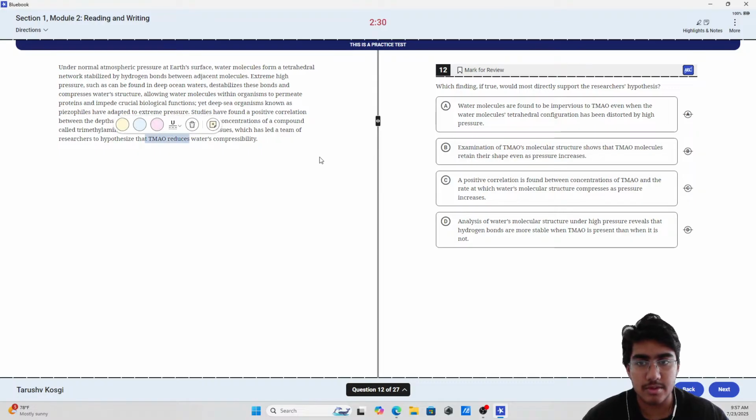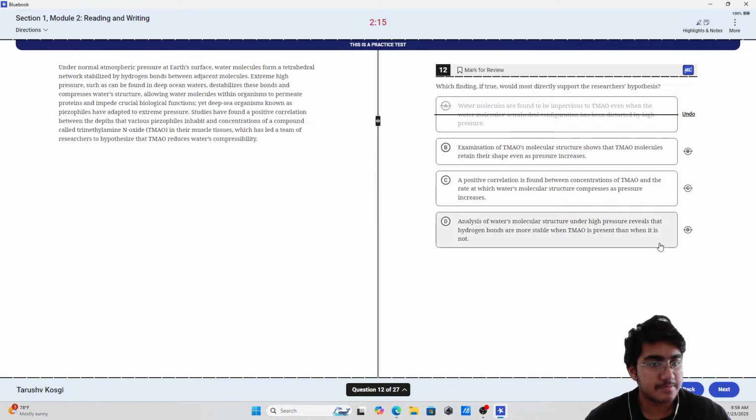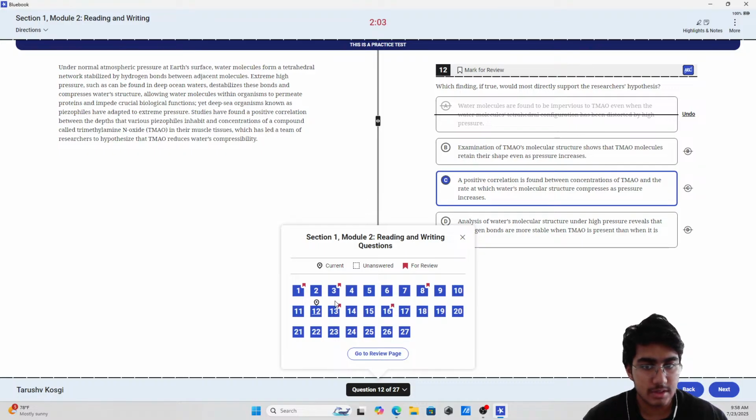Hypothesis: T-mount reduces water's compressibility. No. Yeah. Gonna go with C here.